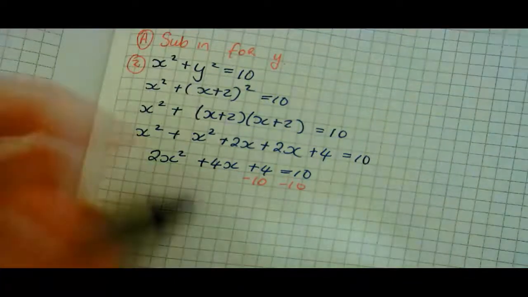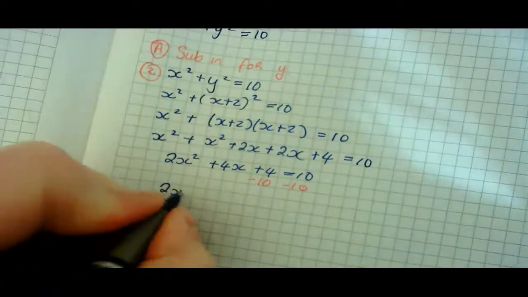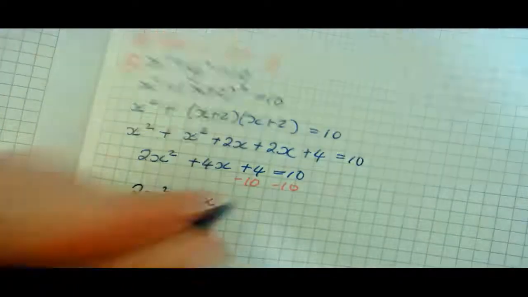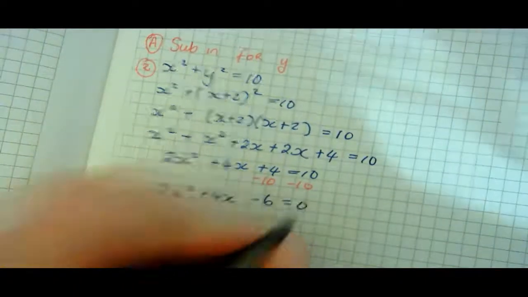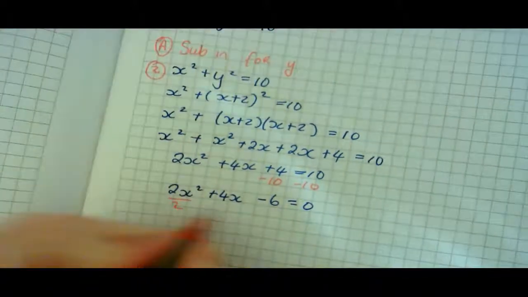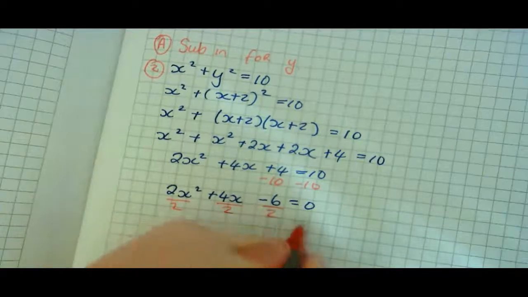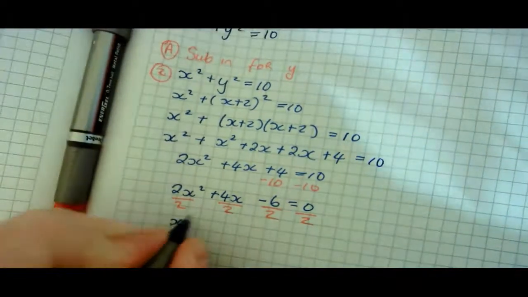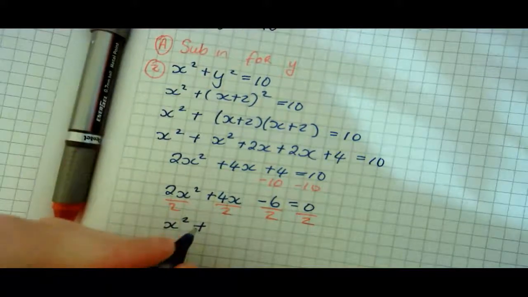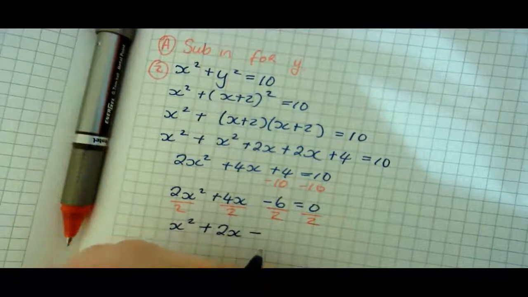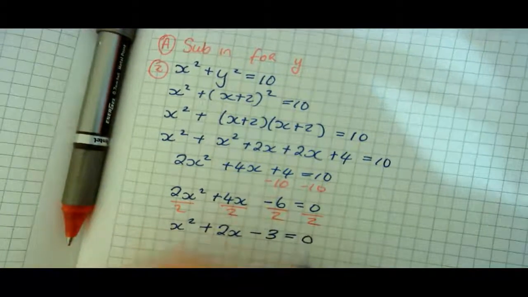So 2x squared plus 4x, 4 minus 10 is minus 6. Looking across there, I can divide across by 2 the whole way. 2x squared divided by 2 is just x squared. 4x divided by 2 is 2x. Minus 6 divided by 2 is minus 3. It is equal to 0.